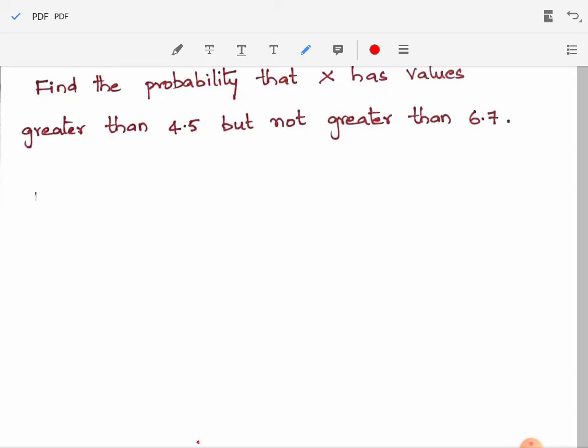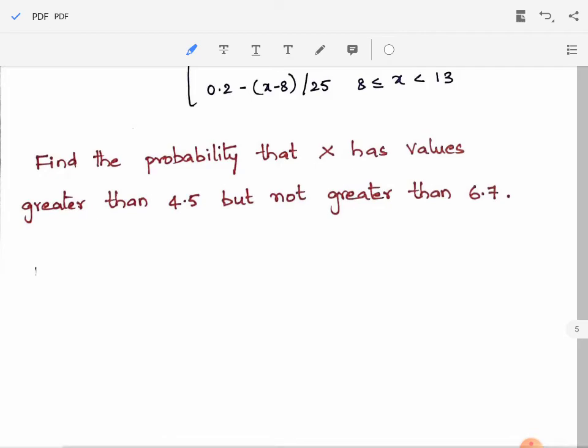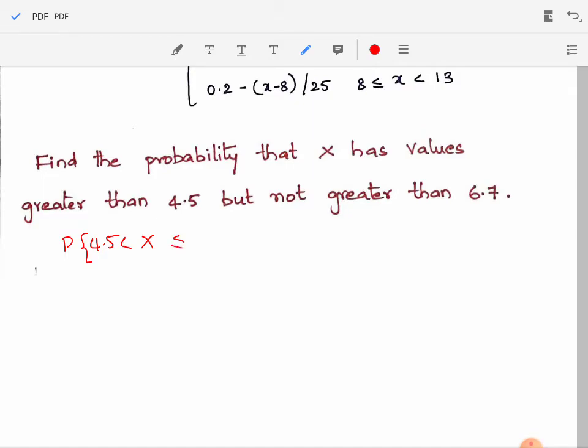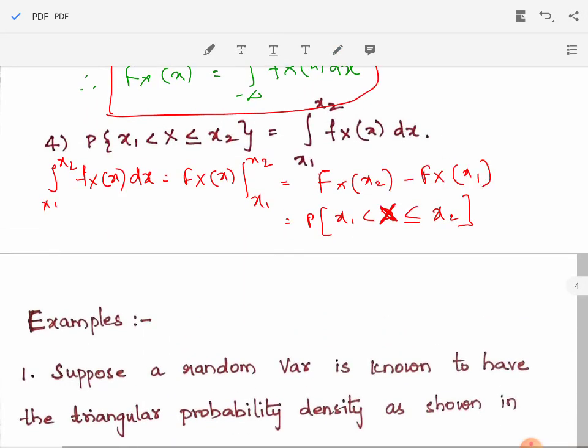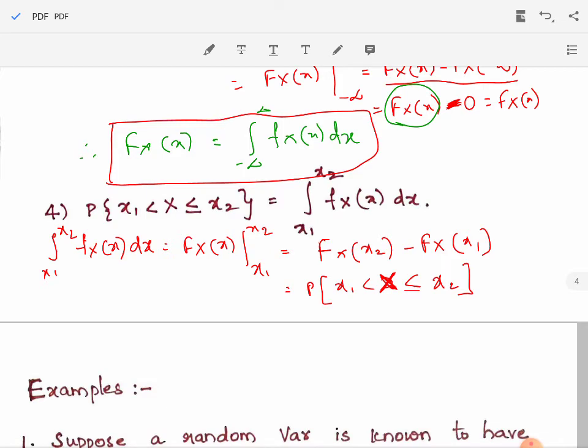From the fourth property, P of x1 less than X less than or equal to x2 is equal to the integral from x1 to x2 of fX(x) dx.